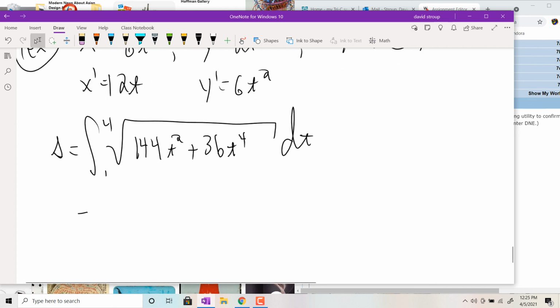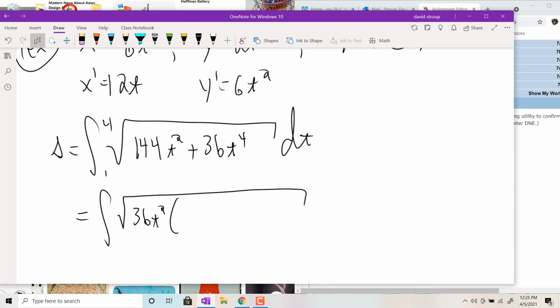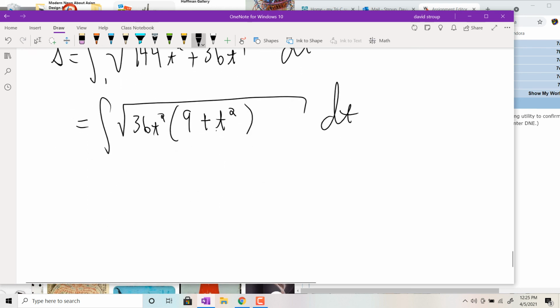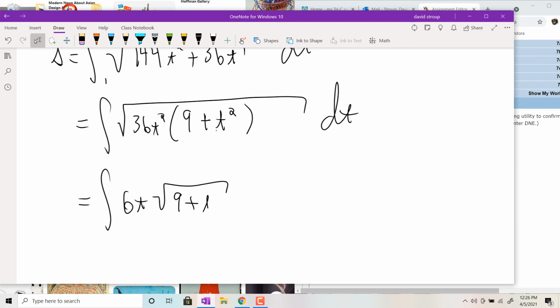Okay. And then that'll be the integral of, let me do a bit of work here, 36t squared times 4 plus t squared dt. And you could factor out the 36t squared, and then it's a u sub. Okay, so we get 6t times the square root of 4 plus t squared dt.